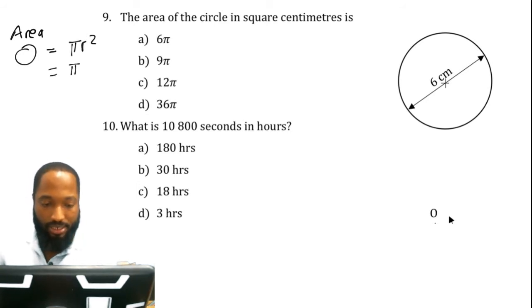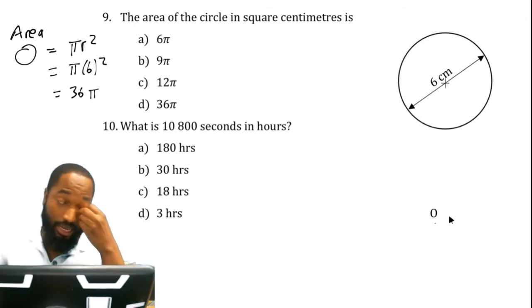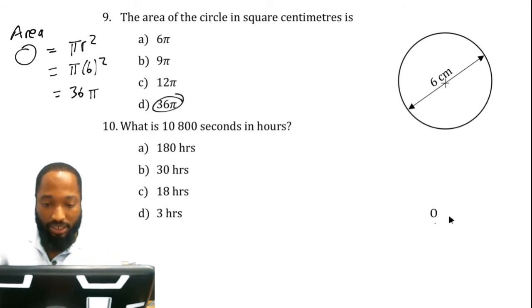The radius is 6, 6 squared is 36, so 36 pi. Now, everybody is accustomed to the 22/7 thing. Forget that 22/7, just write 36 pi. Nobody wants you to go through that.